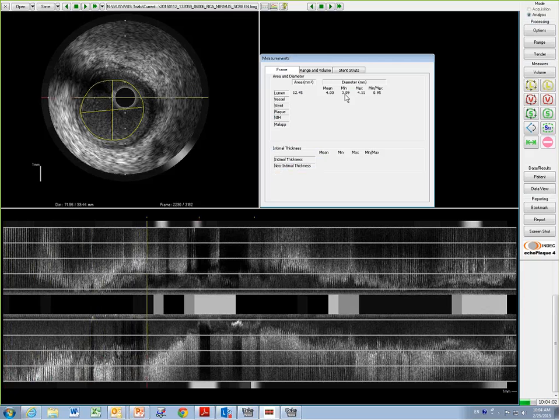I can see the minimum is 3.9 millimeter, and the maximum is 4.1, and the mean lumen diameter is 4.0. This is the size of the artery, and I do believe this is more accurate by IDAS than angio.